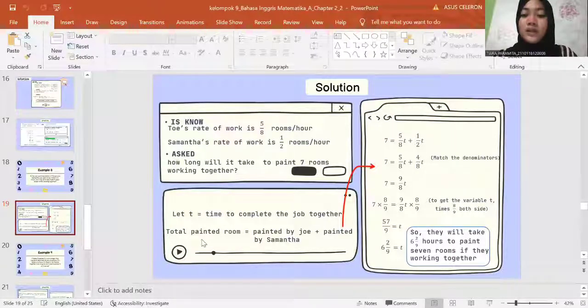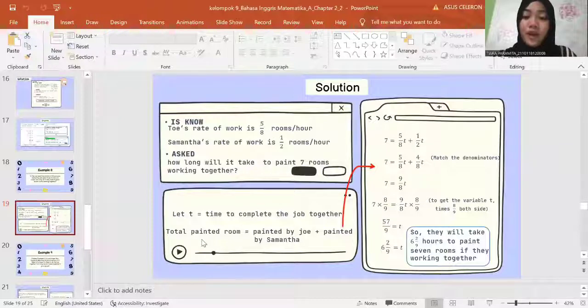7 equals 5/8 t plus 1/2 t. Match the denominator. 7 equals 9/8 t. To get the variable t, multiply by 8/9 on both sides.